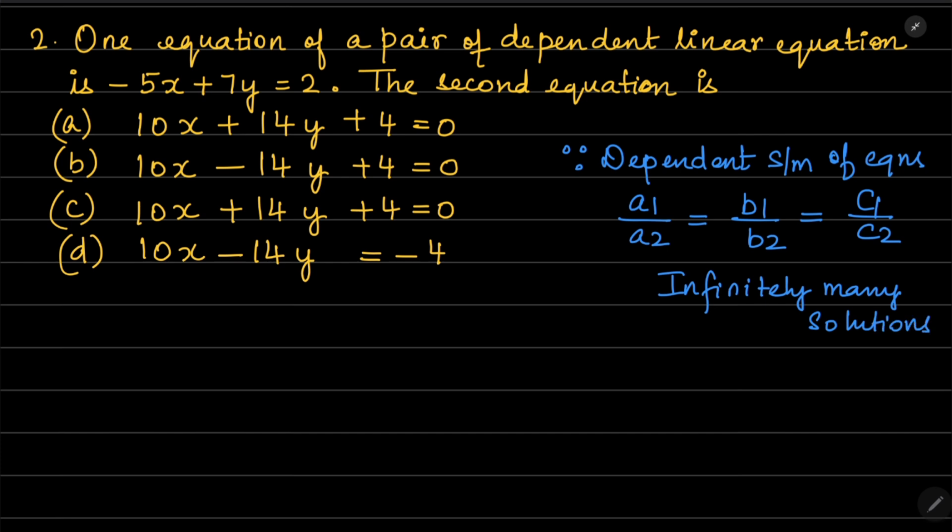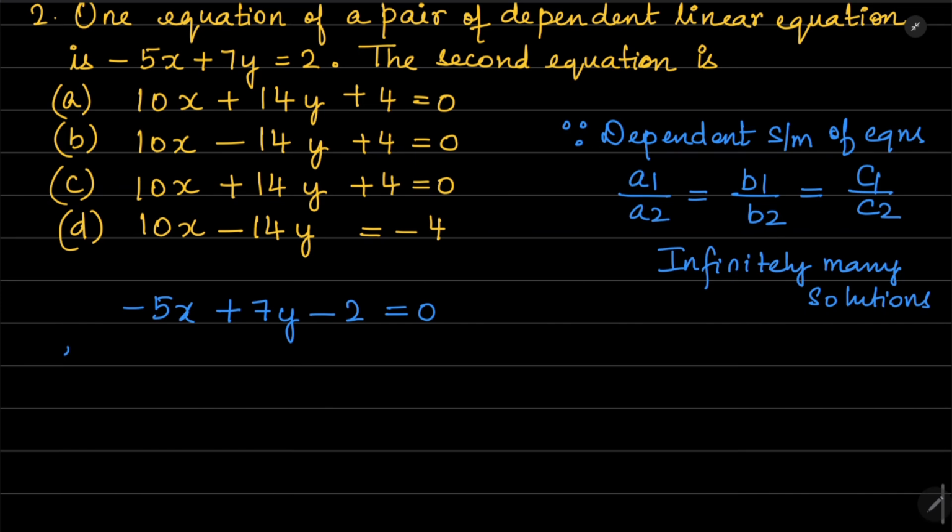So you have to find out which is the second equation. One equation is given to you. You have to find out which other equation will match this condition. So let us take the first given equation, which is minus 5x plus 7y. I am going to take 2 to the LHS, so minus 2 equal to 0. Now let us take your option A. What is it? 10x plus 14y plus 4 equal to 0.